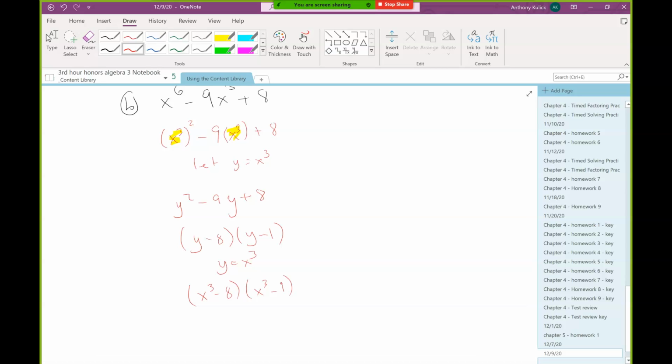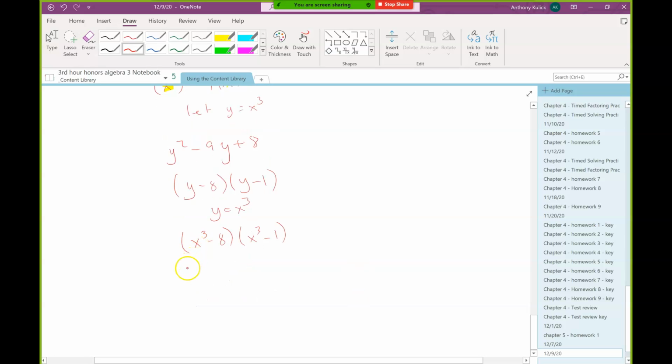But we're not done here. Take a close look at what we have. Both x cubed minus 8 and x cubed minus 1 are differences of two cubes, right? So we can continue going. So here, my a is x and my b is 2. Here my a is x and my b is 1.